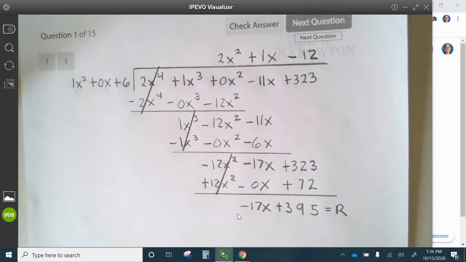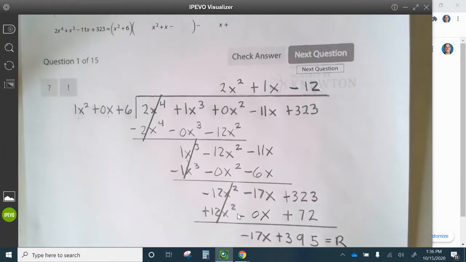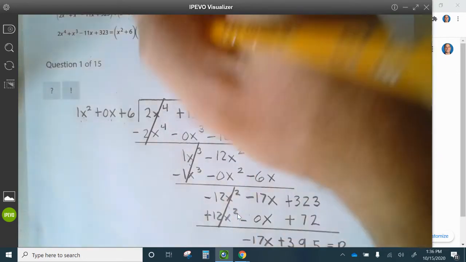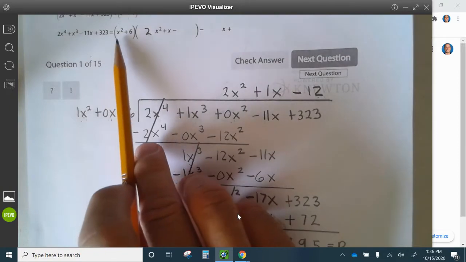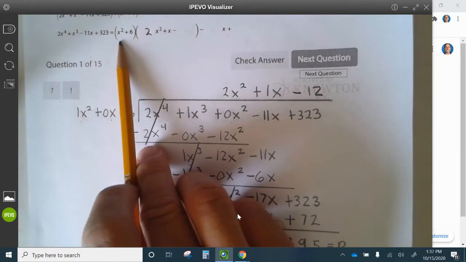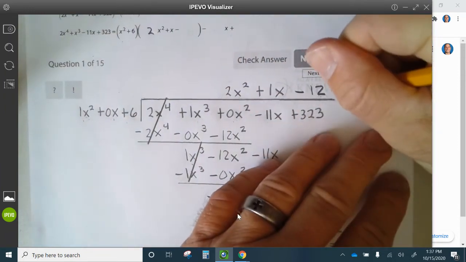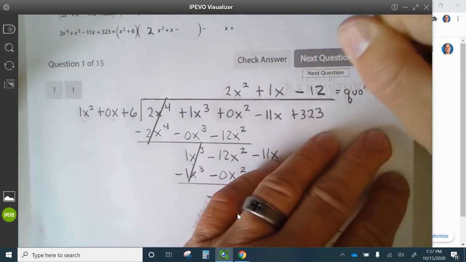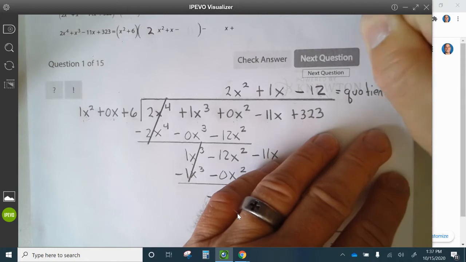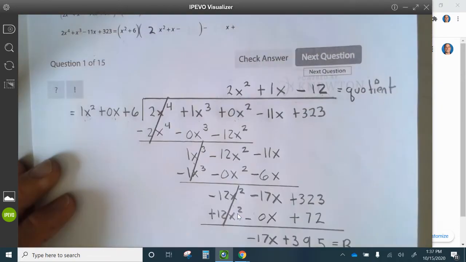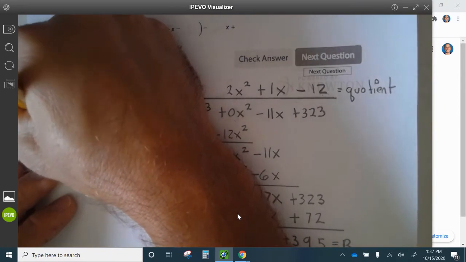Okay, so our answer is 2x squared. Now, almost forgot, you have the divisor, which is x squared plus 6, times the quotient, 2x squared, plus 1x minus 12. This is the quotient, and this is the divisor.